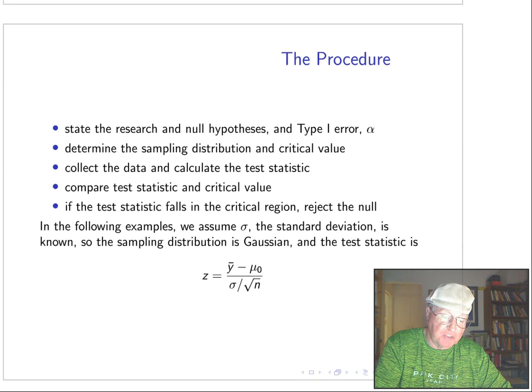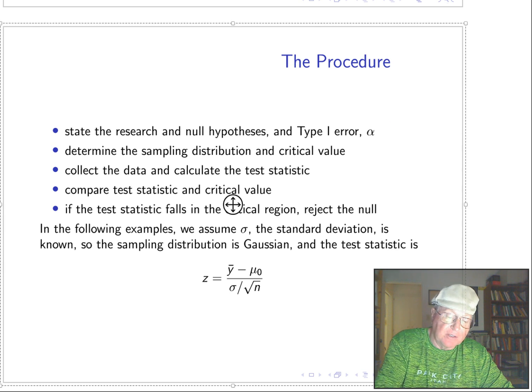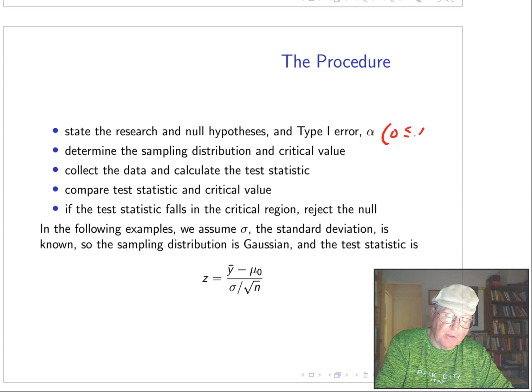So here's the procedure. State the research and null hypotheses and the type 1 error alpha. Okay? And so this is numbers between 0 and 1 and close to 0. 5% is often used.